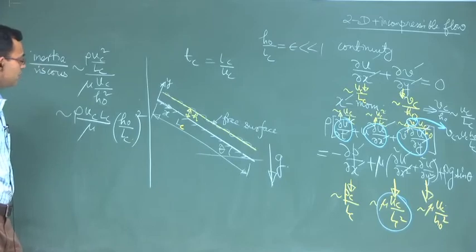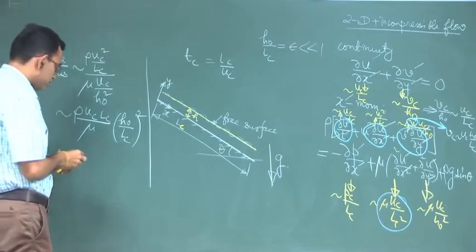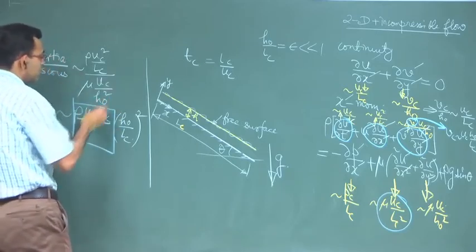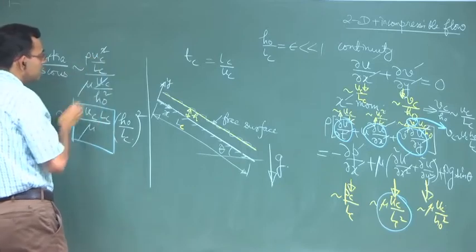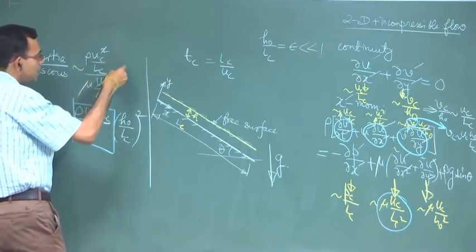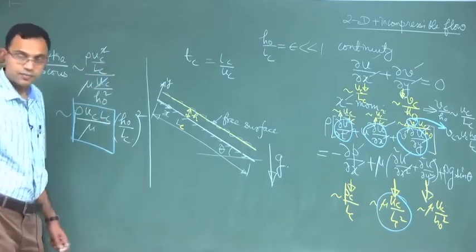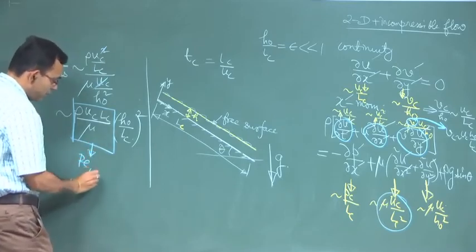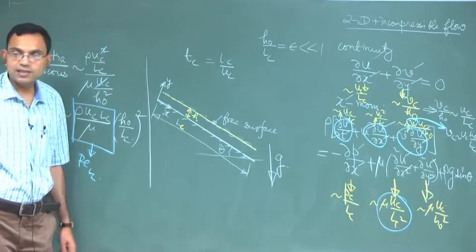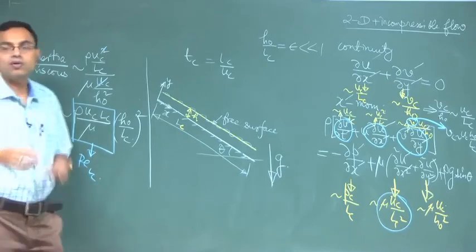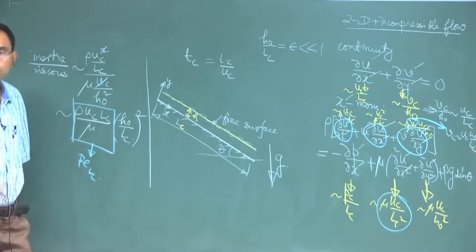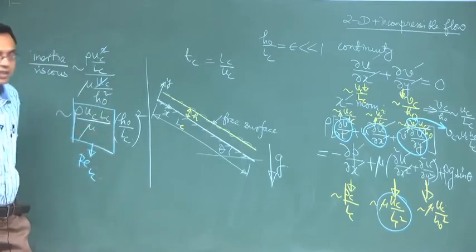So one Uc gets cancelled and we multiply and divide by Lc. This is the so called Reynolds number of the flow based on the characteristic length scale Lc. Reynolds number we always define based on the characteristic length scale of the problem, not on H naught.